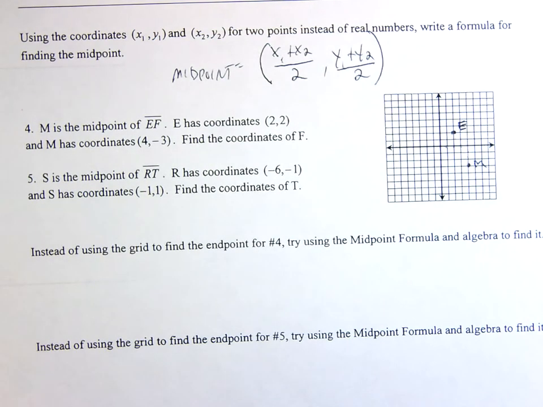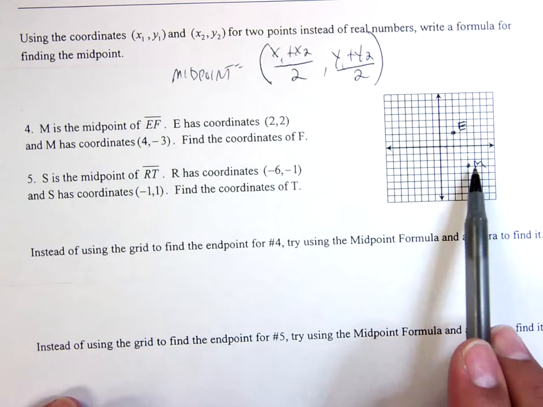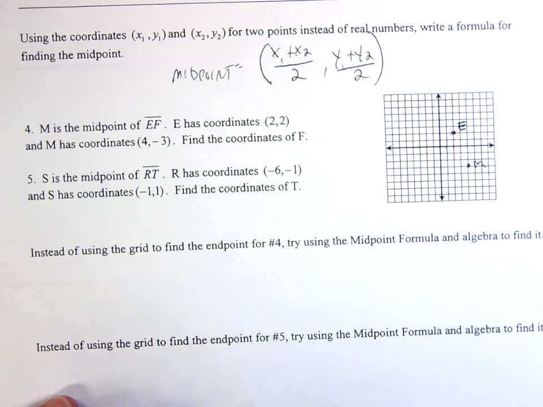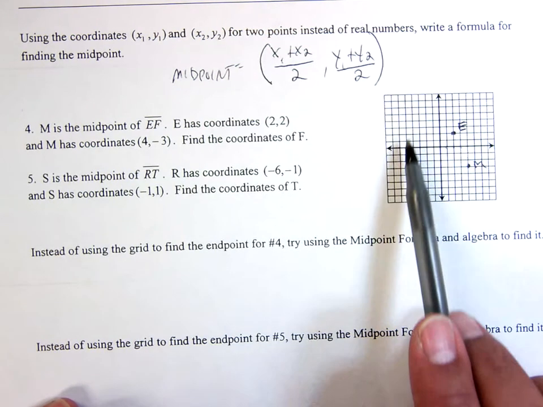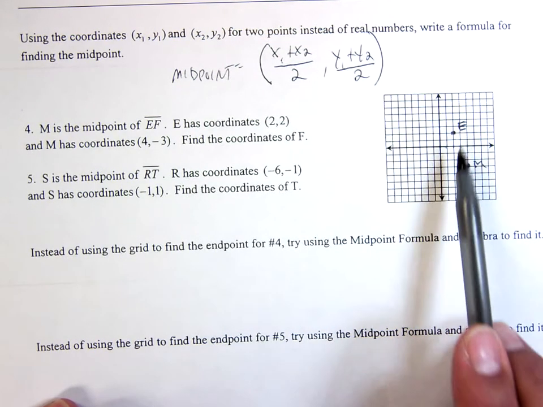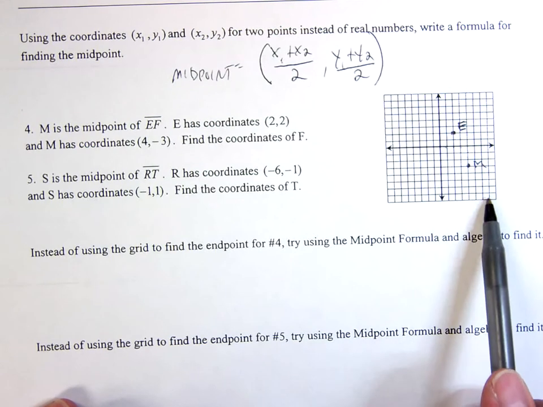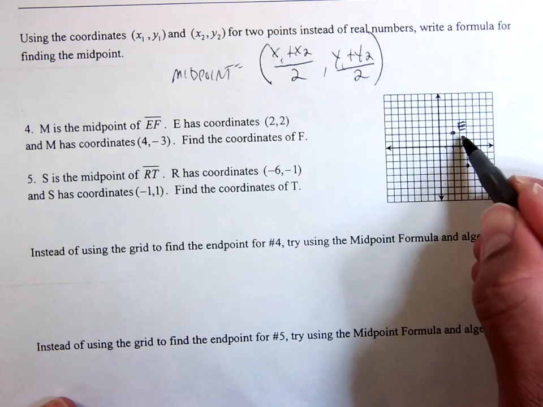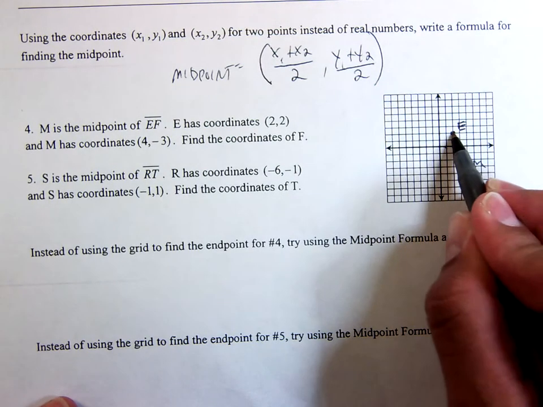But if M is directly in the middle of E and F, and E is here and M is here, where would I expect F to be? Think about it. Pause it, do what you've got to do to think about where F might be. Hopefully we're thinking it's not going to be anywhere over here. If E is here and M is here, F's got to be somewhere down here. And I can do it by counting. So how far to the right do I go to get from E to M?